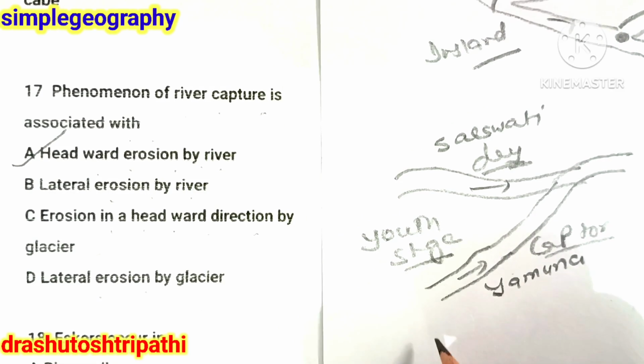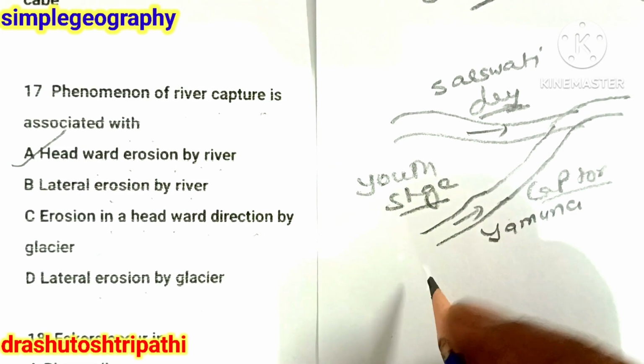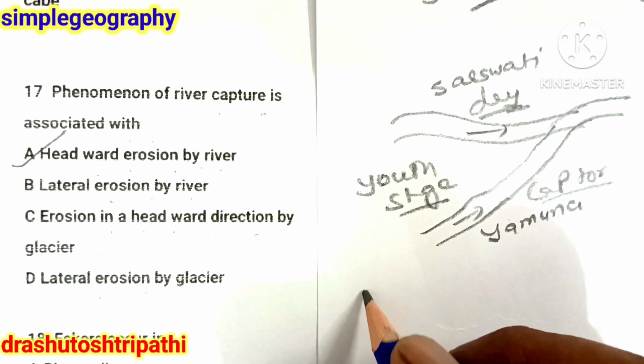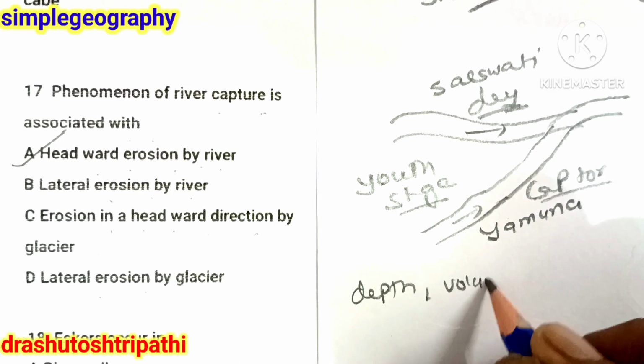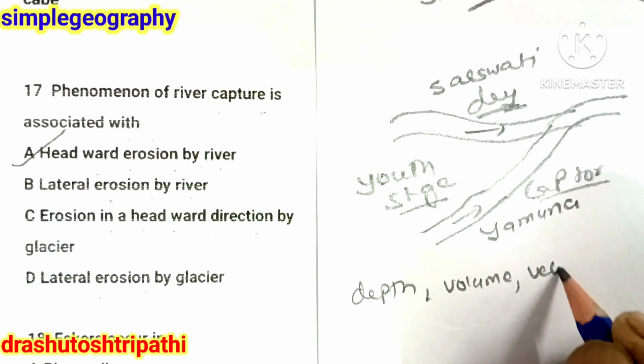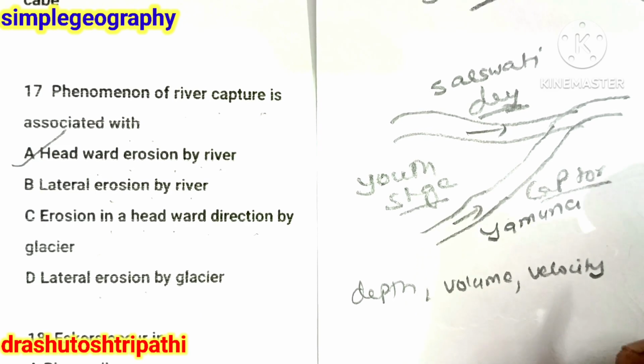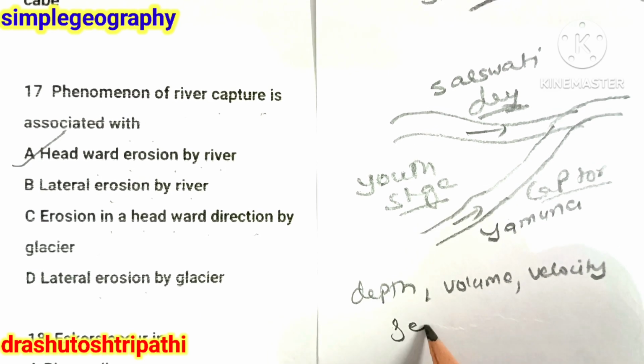There are certain conditions for that: the channel gradient, the depth of the river, volume of water, its velocity, and its geological structure.